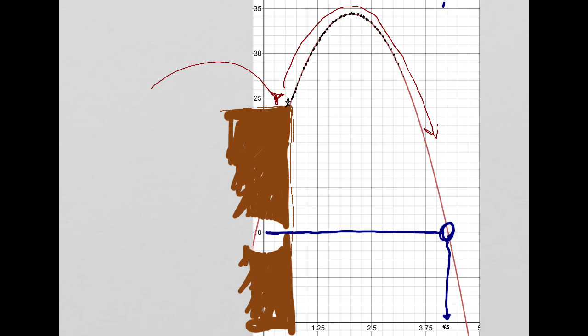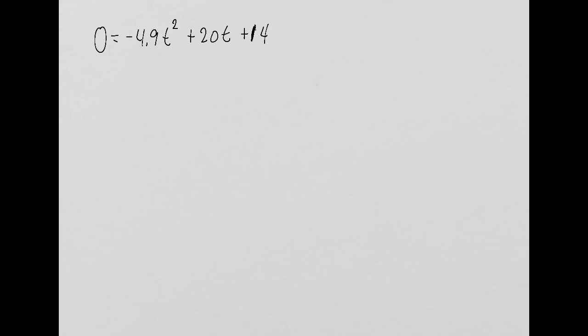But let's go into solving this algebraically. Our formula is 0 equals negative 4.9 t squared plus 20t plus 14. This is a quadratic equation, and we can use the quadratic formula to solve it. I'll identify my A. My A is negative 4.9. My B is 20, and my C is 14.